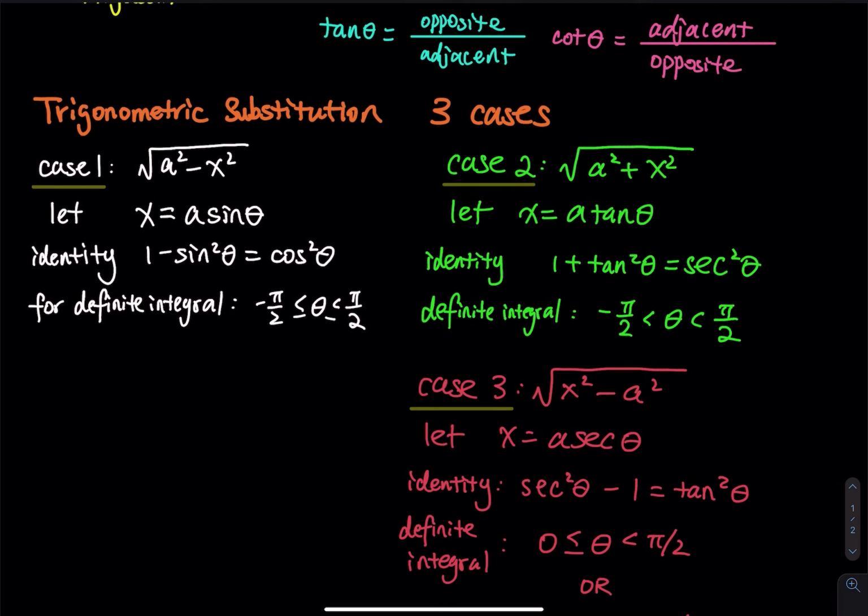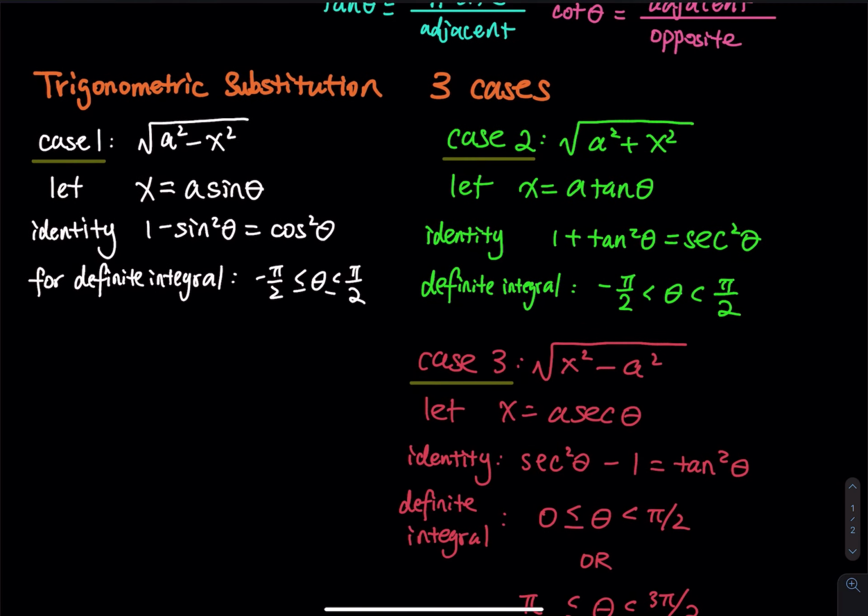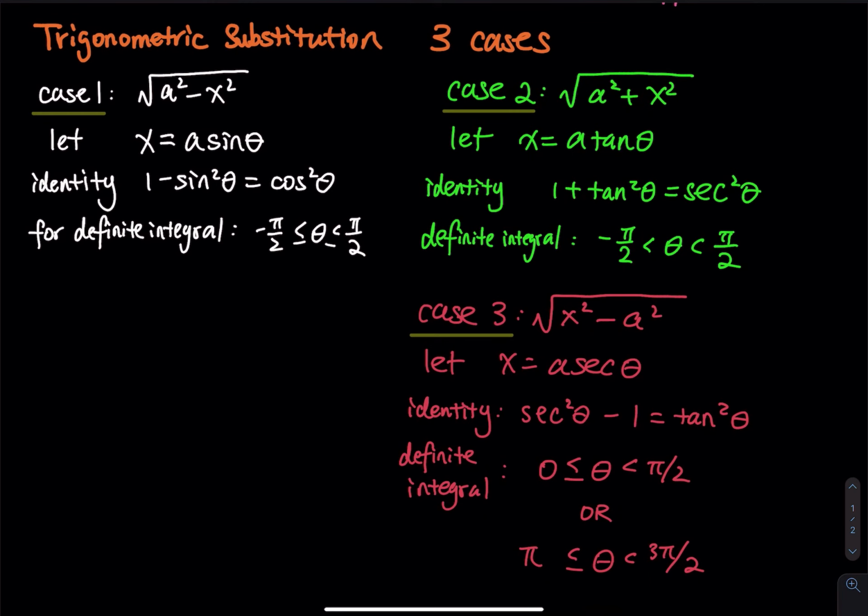In case 3, this time we have x squared minus a squared. First, in the substitution part, you let x equal a times secant theta, and the identity is secant squared theta minus 1 equals tangent squared theta.